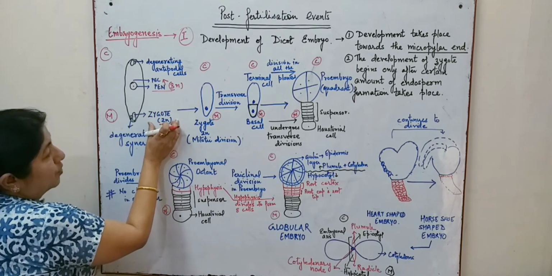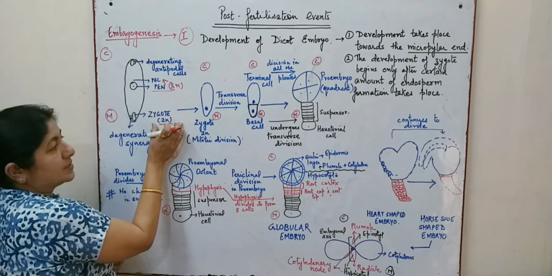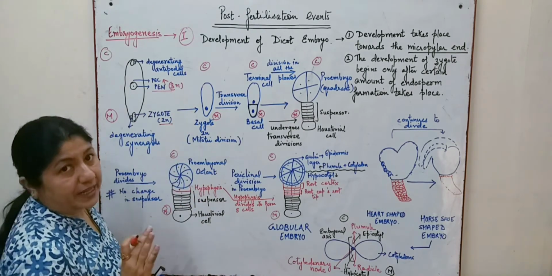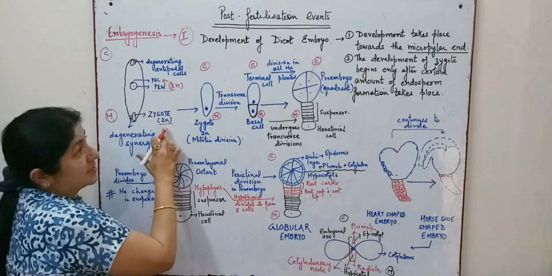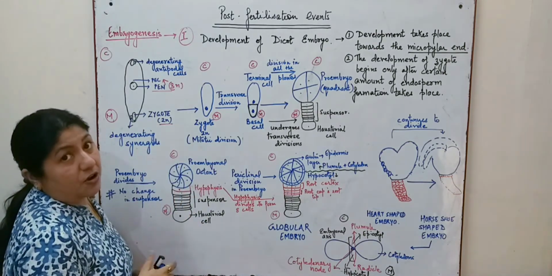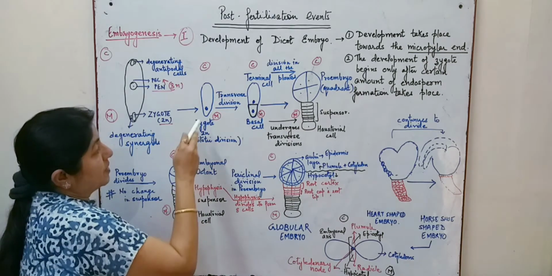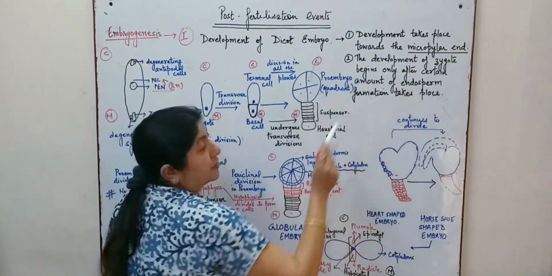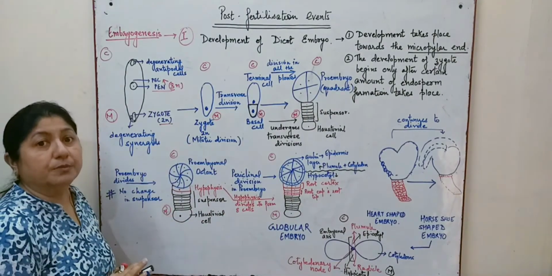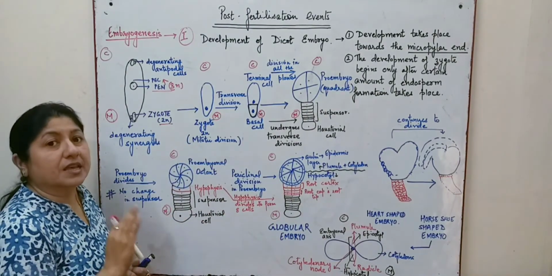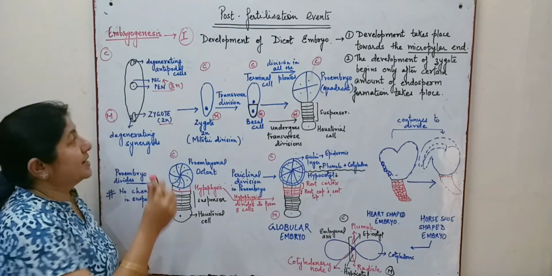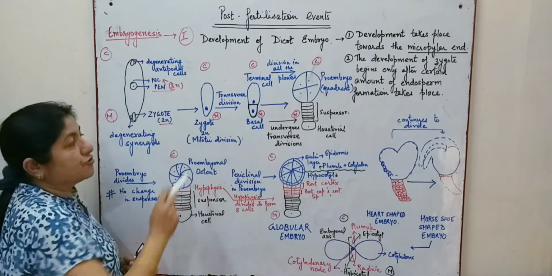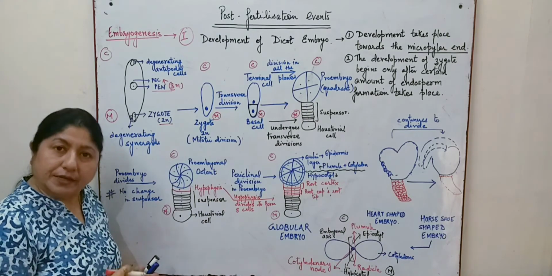Now the zygote, which is present towards the micropylar end, undergoes mitotic division. But always remember, the development of the zygote will take place only after a certain amount of endosperm formation has taken place, because this is important. As the endosperm forms, the nutritional material will be provided by the endosperm.